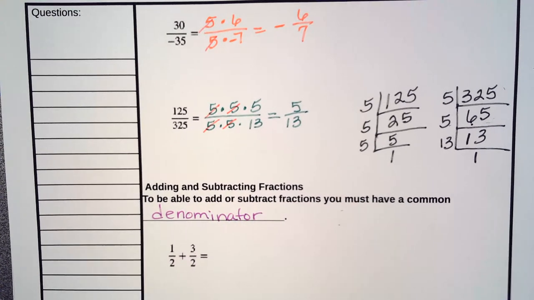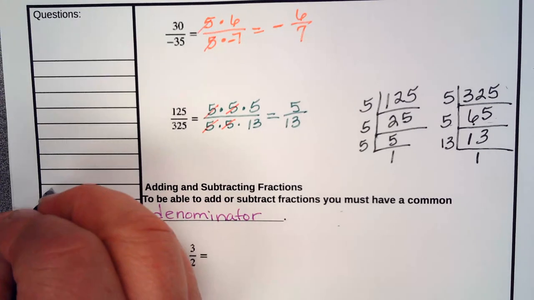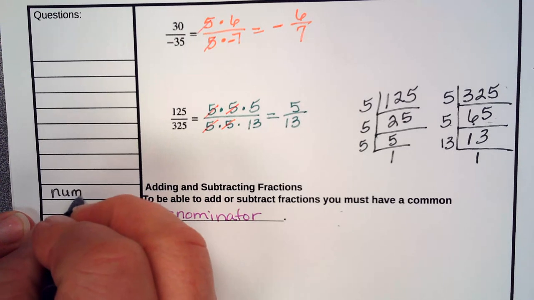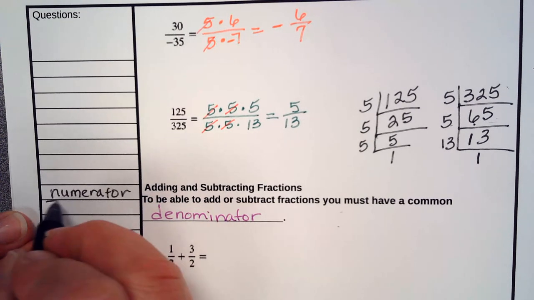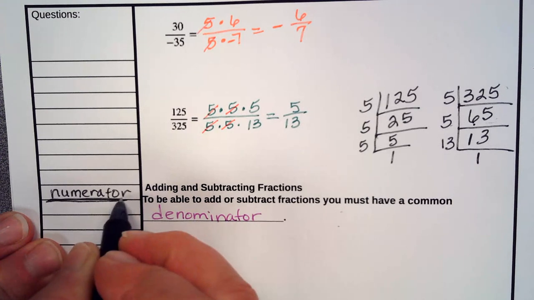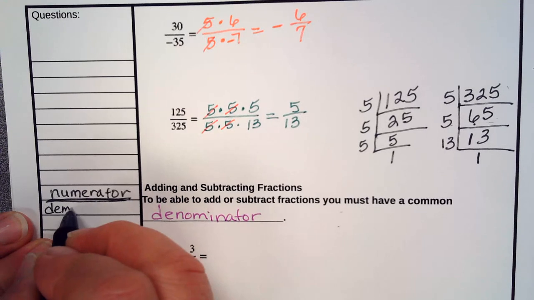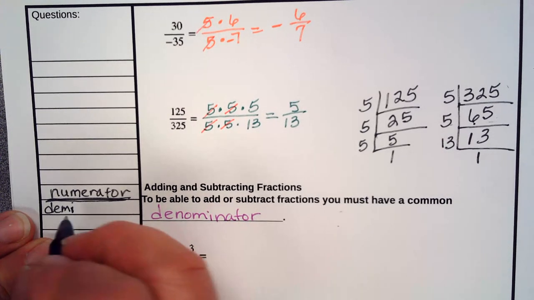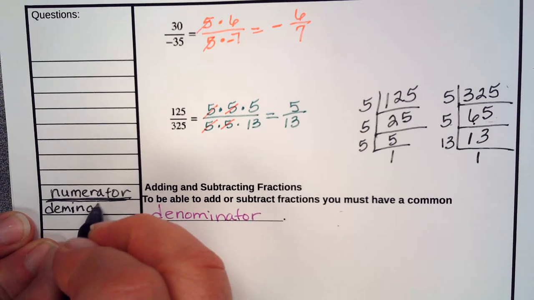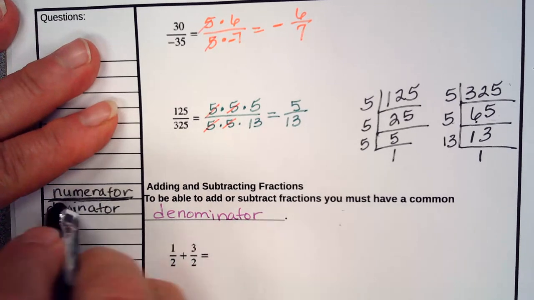Just a quick review. If you have a fraction, the top number is your numerator, and it is over your denominator. Whoops, I spelled that wrong.